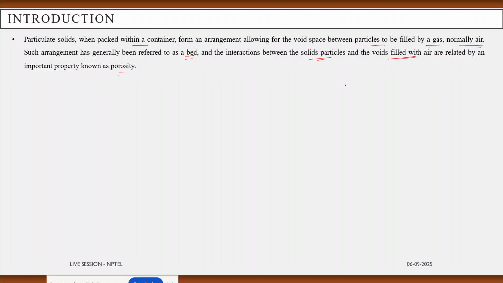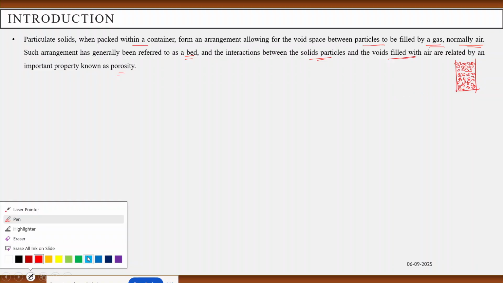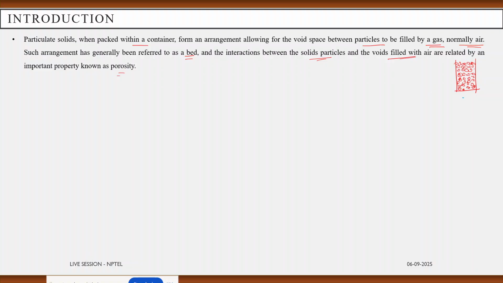If you have a bed and there are many particles, they make a bed in a reactor. You can see these are some irregular shaped or some specific shaped particles inside the reactor. When any liquid or gas is flowing, it will pass through the void space and go up.